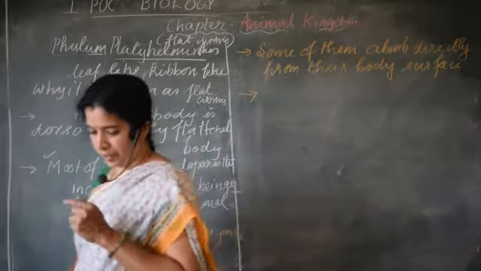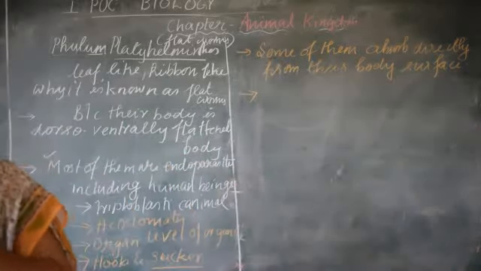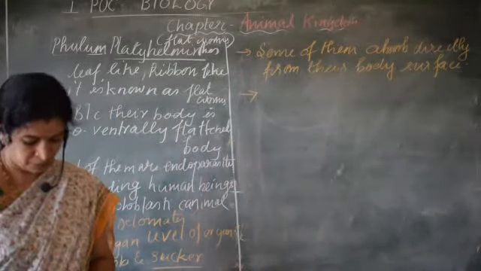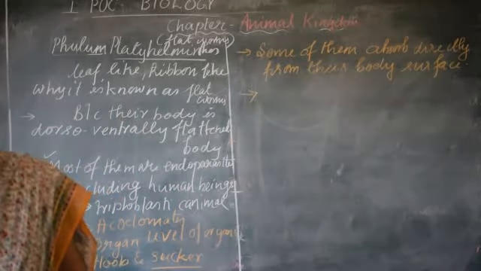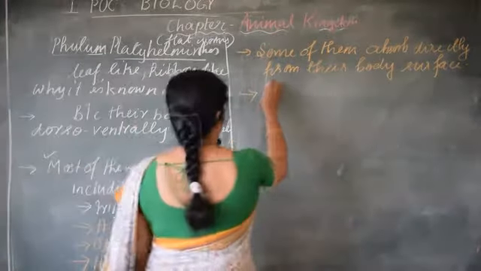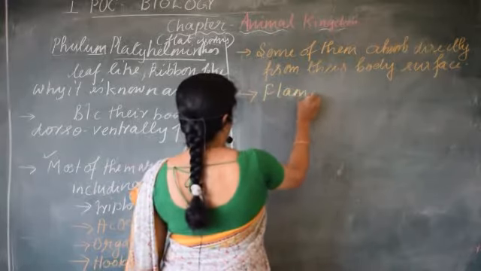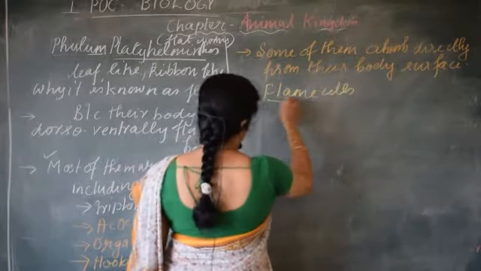Then the next feature. What are the next features? They have special cells called flame cells. Flame cells, very important. Please mark it as important.